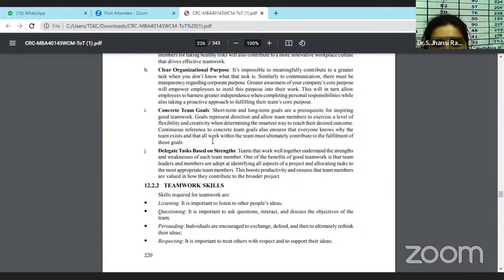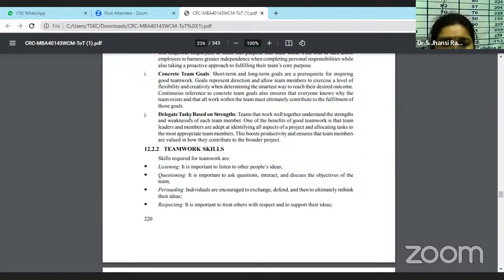And concrete team goals. The goals will always be short-term and long-term goals, a prerequisite for inspiring good teamwork. Goals represent direction and allow team members to exercise a level of flexibility and creativity when determining the smartest way to reach the desired outcome. And delegate tasks based on strength.